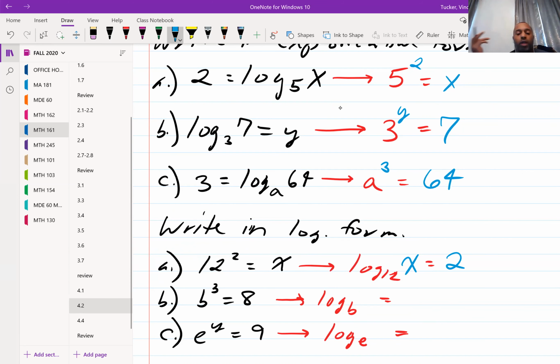Same thing with b when we look at b cubed equal to 8. B is my base. The 3 is next to the base here. So that means it would not be next to the base over here. So that'll be log base b of 8 equal to 3.